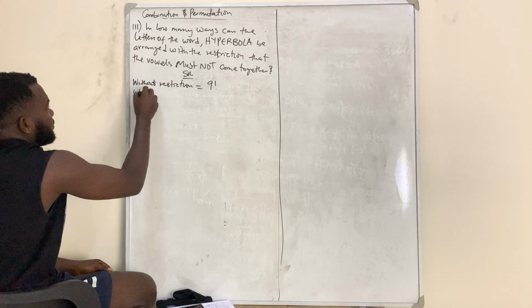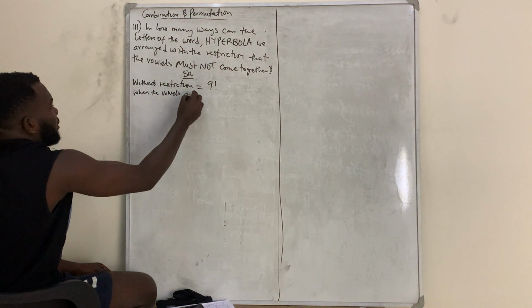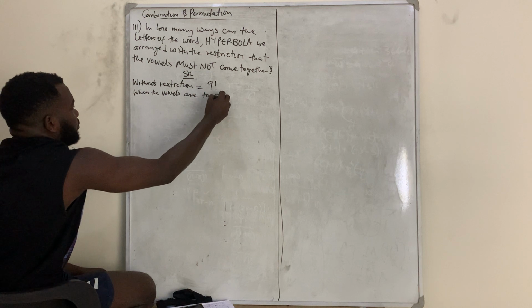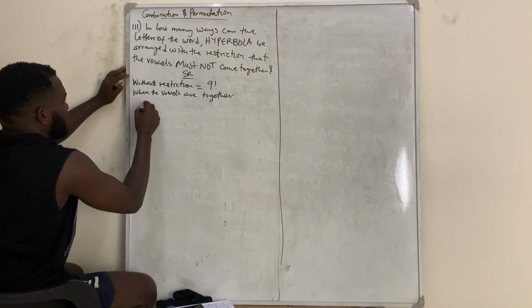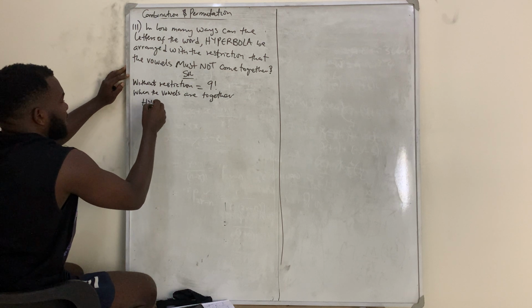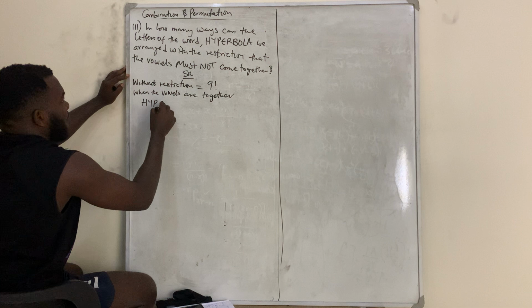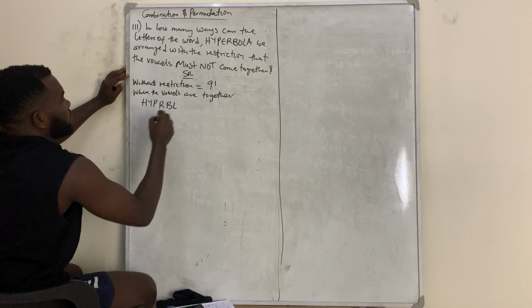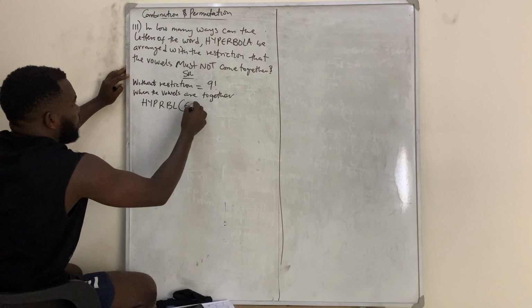So we say when the vowels are together. When they are together, look at how the word will look. It will now be H-Y-P, then in bracket the vowels E, O and A, then R-B-L.